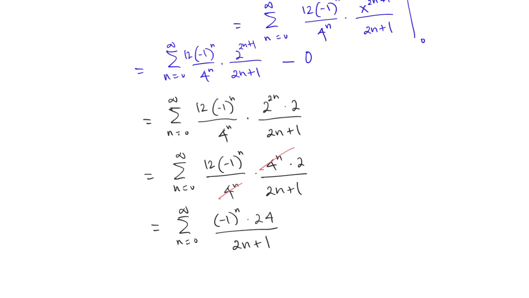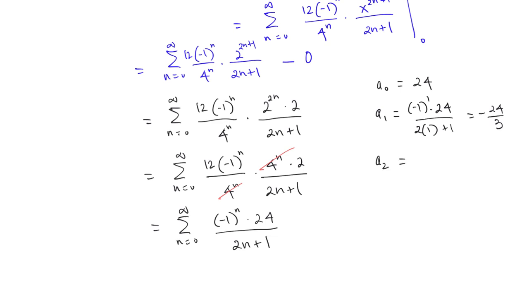So the first 5 terms of this series: when n is 0, a sub 0 is 24. This is because we plug 0 into n. When n equals 1, we have negative 1 to the 1 times 24 over 2 times 1 plus 1, which is minus 24 over 3, which is minus 8.